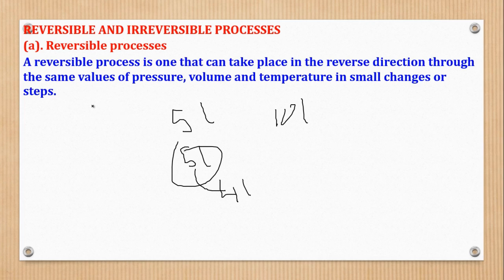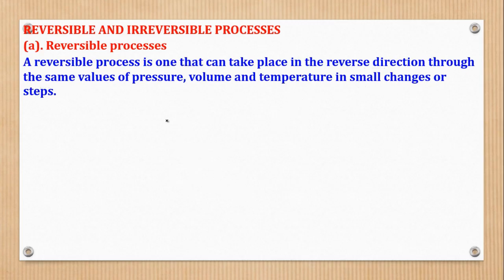So that's why the definition comes in that a reversible process is one that can take place in the reverse direction through the same, note this word, same values of pressure, volume, and temperature in small changes or steps. So the word same is vital under reversible processes.